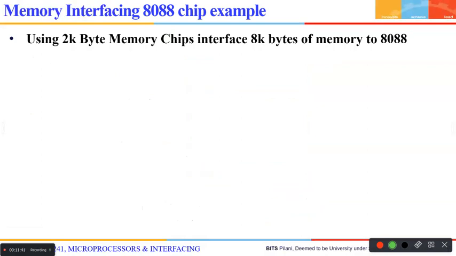See, there are many applications which require only 8-bit data. In such applications, why go for a 16-bit microprocessor? There is a cost involved. The cost of manufacturing an 8088 microprocessor is less than that of an 8086. Why?